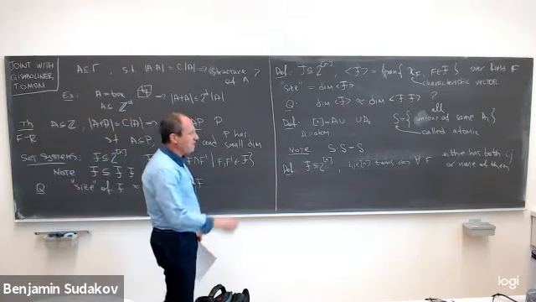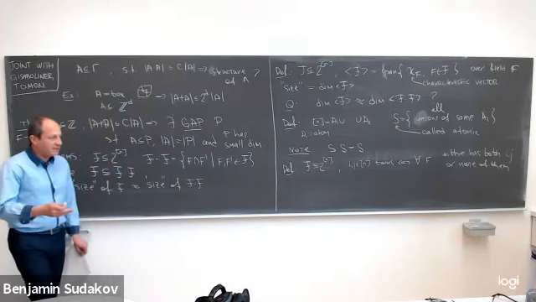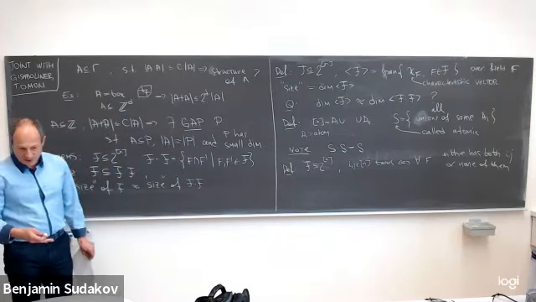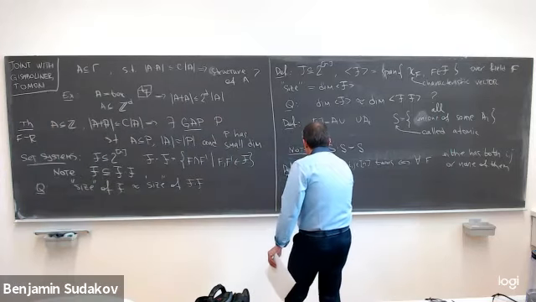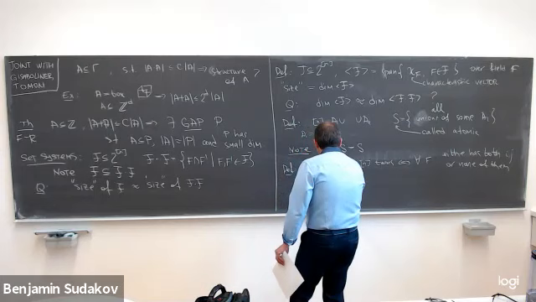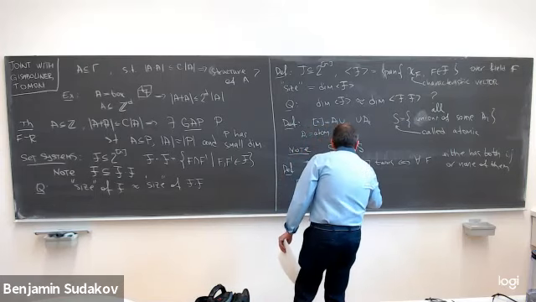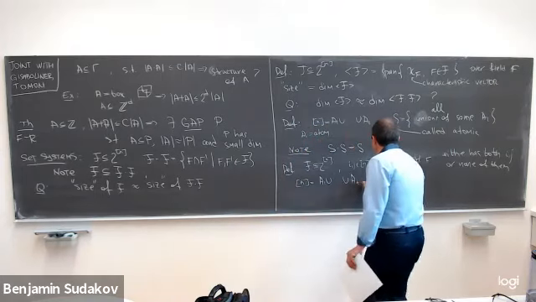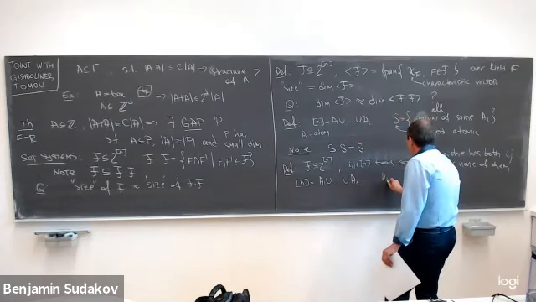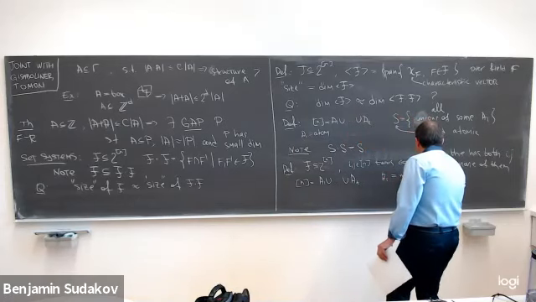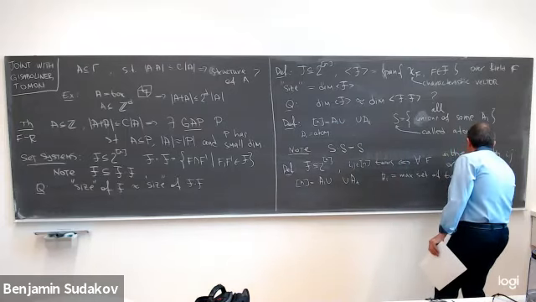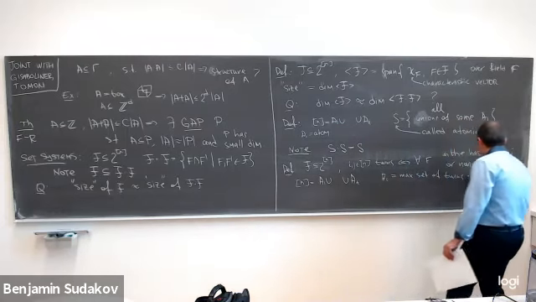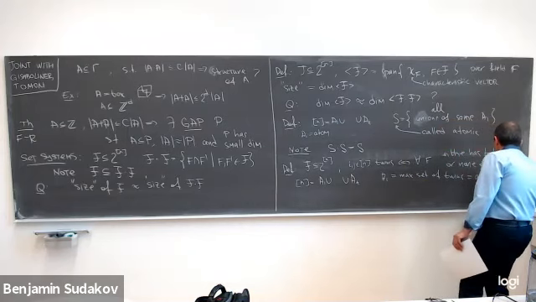And moreover, you can see that being twins is an equivalence relation. So therefore, I can partition my ground set N into a union of sets A_i, where each A_i is a maximal set of twins, which, as I said, I call an atom.